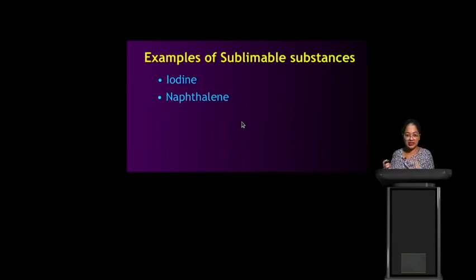You can smell it. It has a distinct smell, right? Also camphor, called kapoor. In the temples you used to light up a diya and all. These are called camphor. They are solid and when you light them up they become gas. They have a very distinct smell or fragrance, right? So these are sublimable substances.